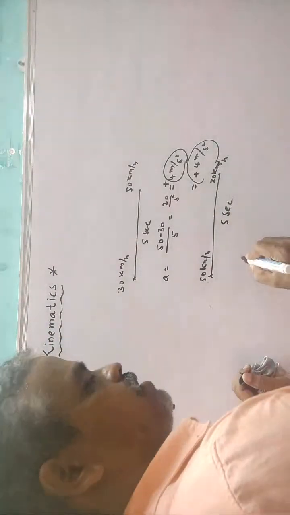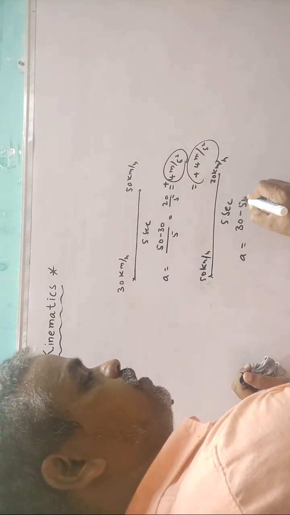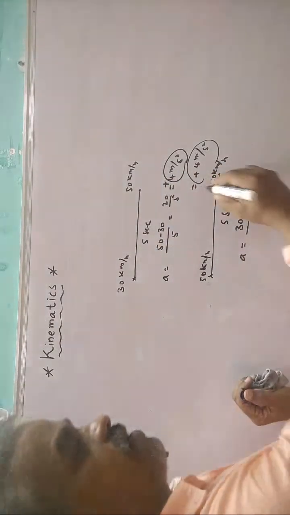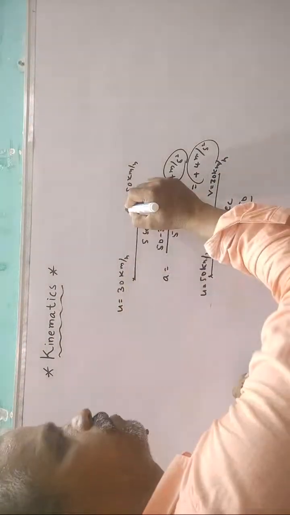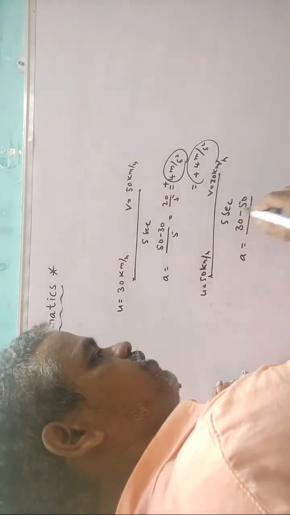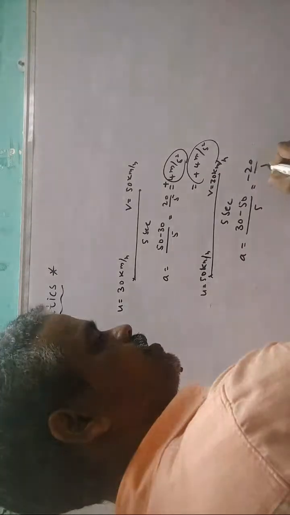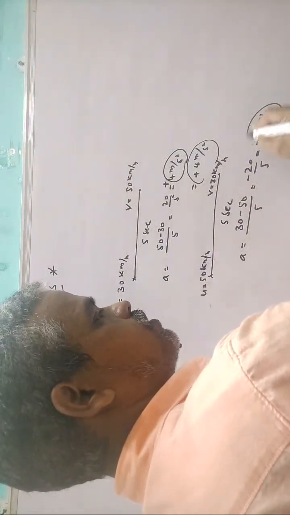Acceleration for this is 30 minus 50, not 50 minus 30. Here U equals 50 and V equals 30. 30 minus 50 by 5, minus 20 by 5, you will get minus 4 meter per second square.